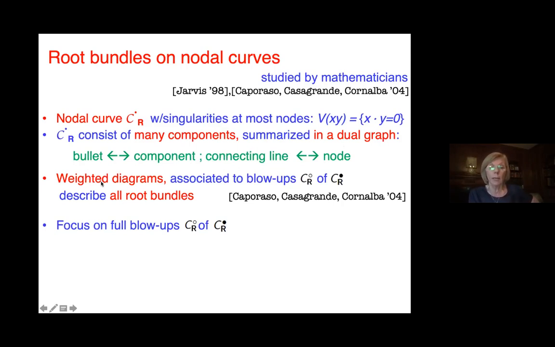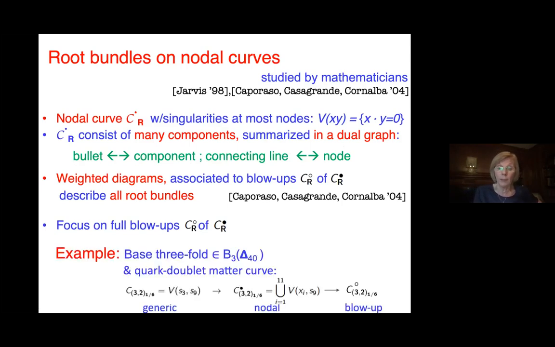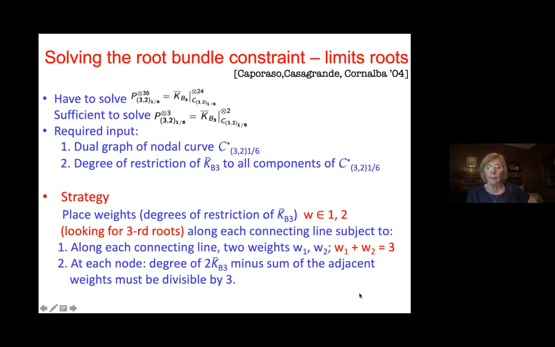Then they generalize that to weighted diagrams by blowing up these nodal curves and really constructing their own blown up curves, the root bundles themselves. So we actually have performed this procedure explicitly in our context by choosing a particular threefold and a particular doublet matter curve, working with this procedure.